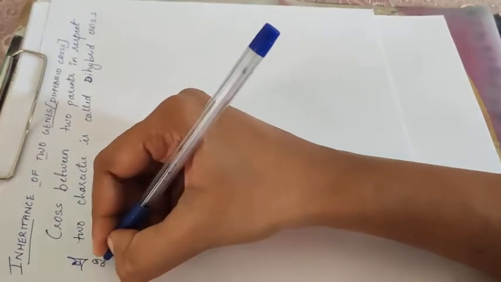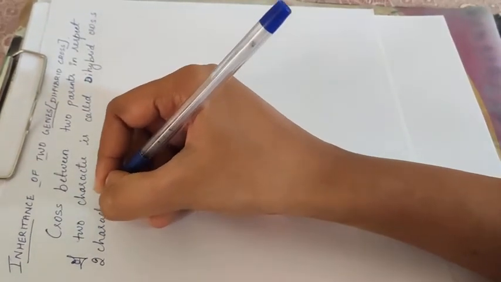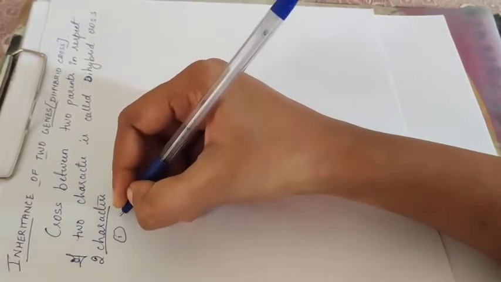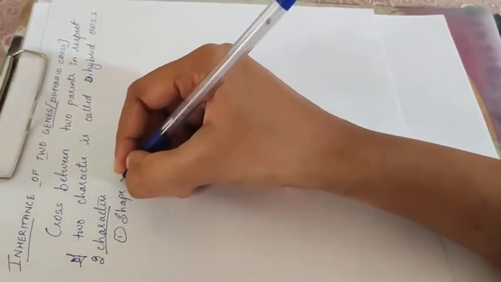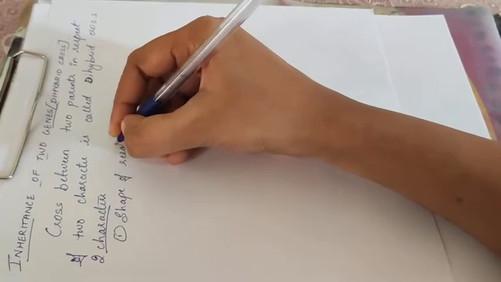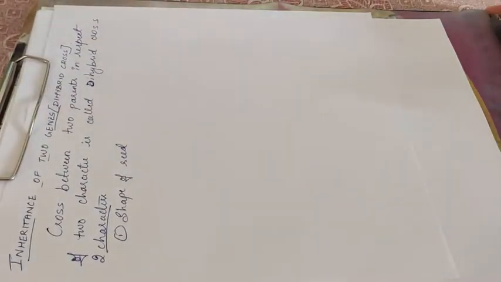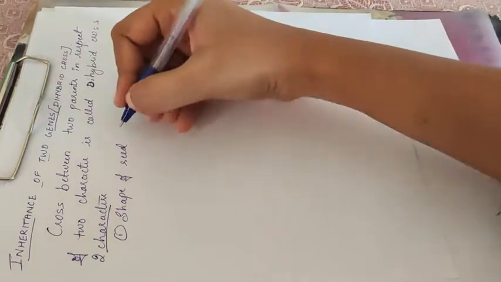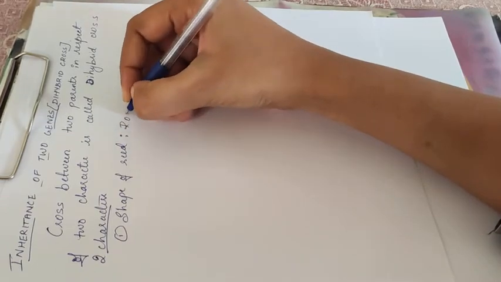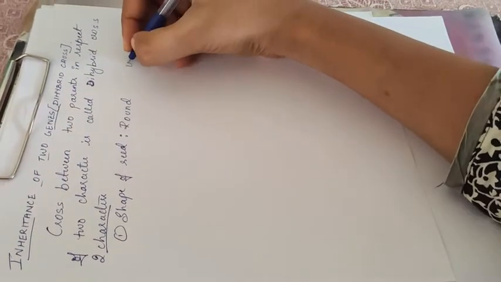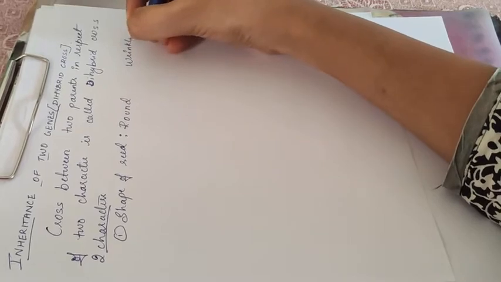So here we have to take two characters. Let us take the first character, the shape of seed. This is also done in the pea plant only, but in the monohybrid we took one character only. In this case we are going to select two. One is the shape of the seed, and it can be round or wrinkled.